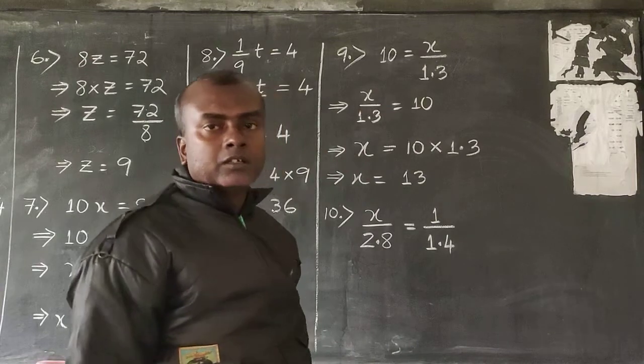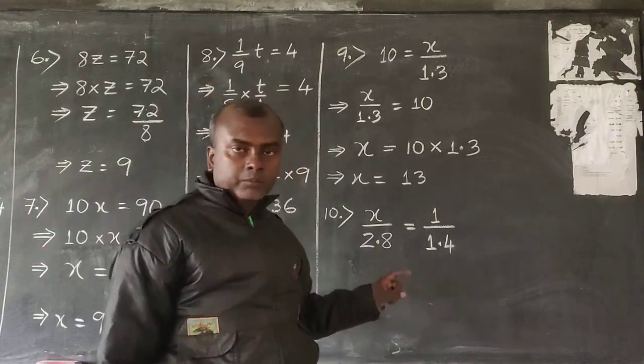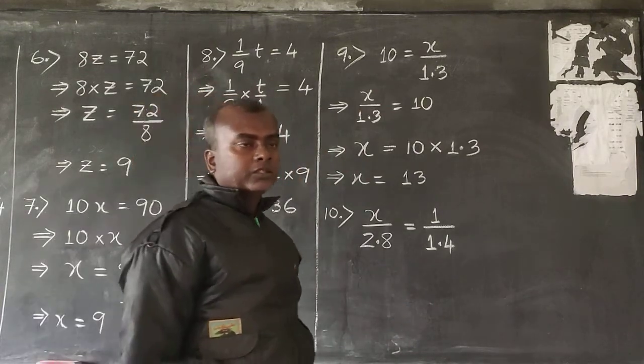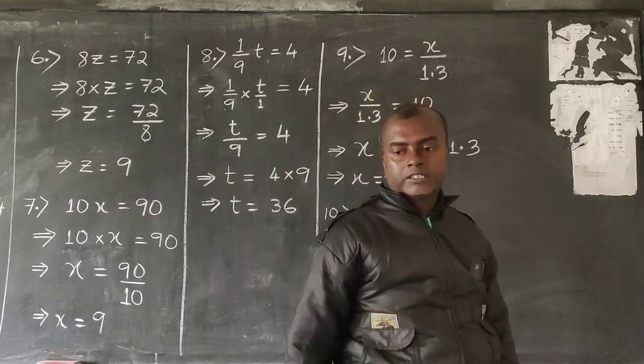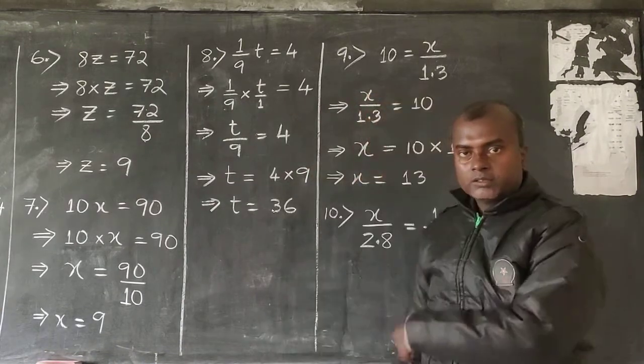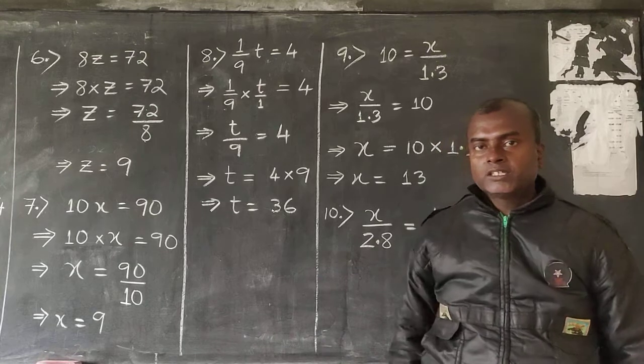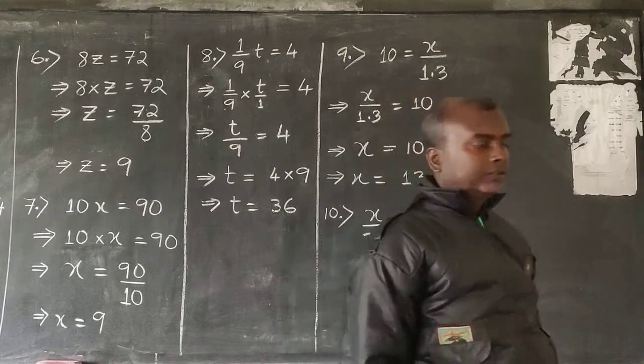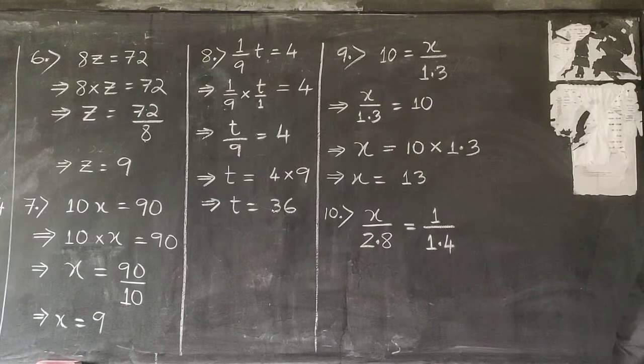Our decimal chapter knowledge will come handy here. If you have forgotten this decimal chapter, we will do this and then your memory may be refreshed. Let's do this thing.